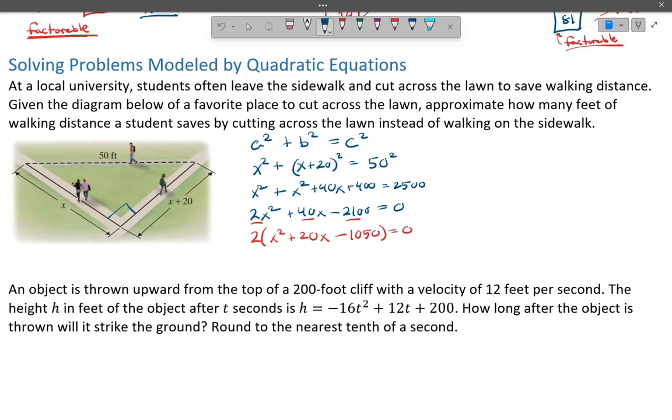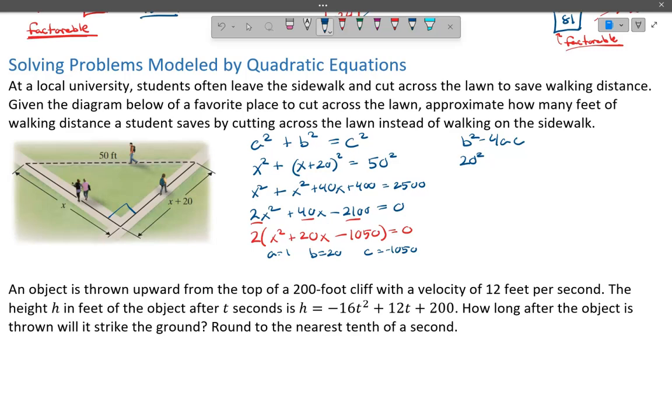Now let's go ahead and use our discriminant to see, do I need to use the quadratic formula or can I factor? So the value of a is 1, the value of b is 20, and the value of c is negative 1,050. So b squared minus 4ac. Let's just fill it in first.